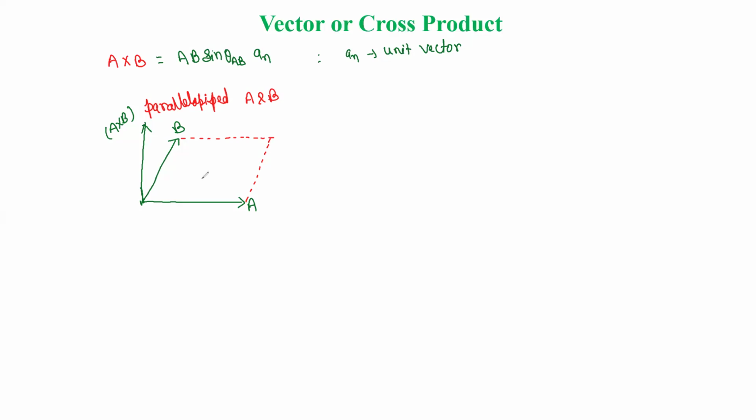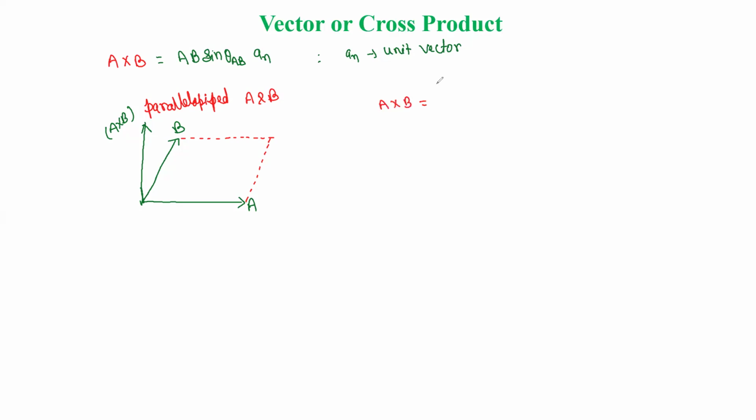That will be the magnitude of this cross product, and the direction is always perpendicular to the plane that contains vectors A and B.